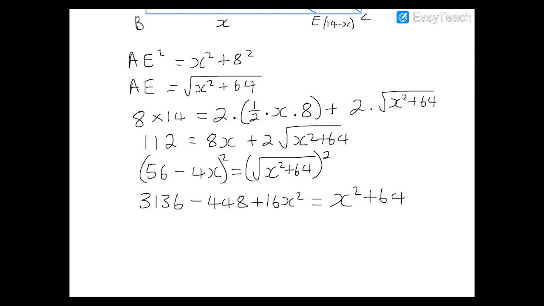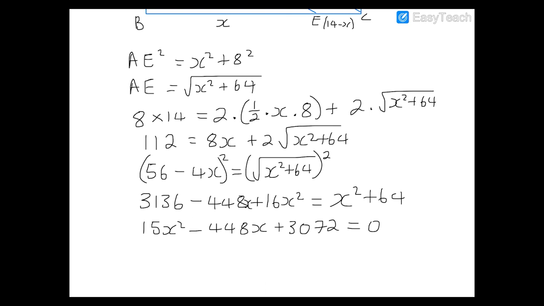Simplify this further, we get 16x squared minus x squared, which is 15x squared, minus 448x, and 3136 minus 64 gives plus 3072, equal to 0.